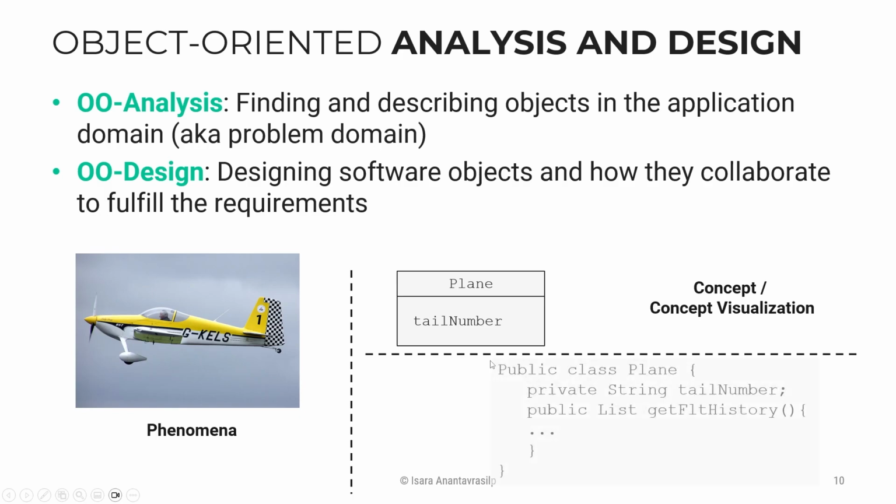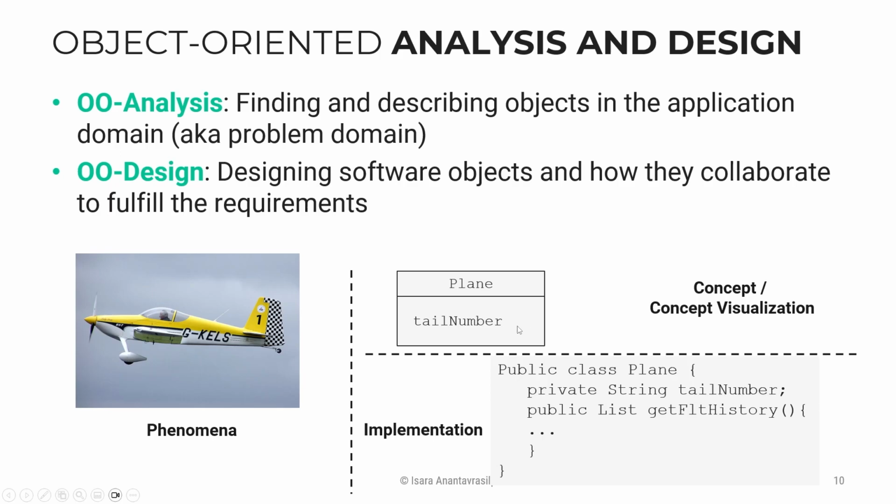Okay. The next step is when you want to code according to this class, you can implement it, in this example, using Java. But it has to correspond to the class. For example, here we have the class name Plane, and this plane has a tail number.